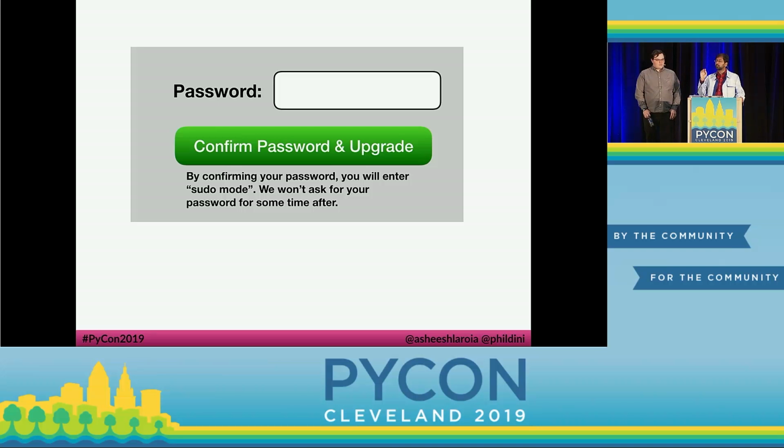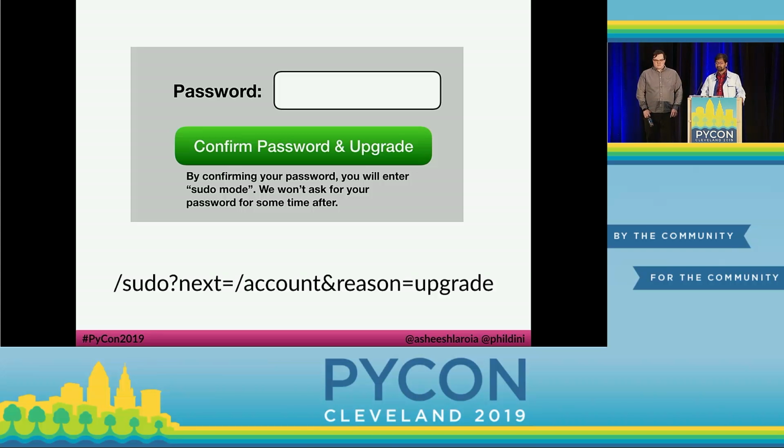We'll need to store the URL they need to go back to once they've confirmed their password. I think we should send them back to the account page so they can finish their upgrade. And we also add a query string parameter reason so that you can add some template information to the sudo mode page. So that's what it looks like from the user perspective.